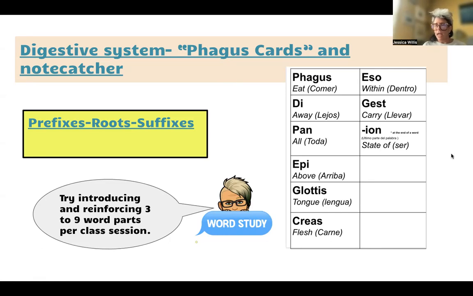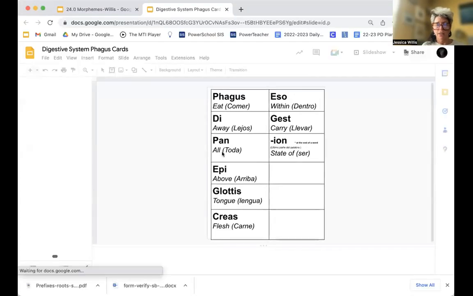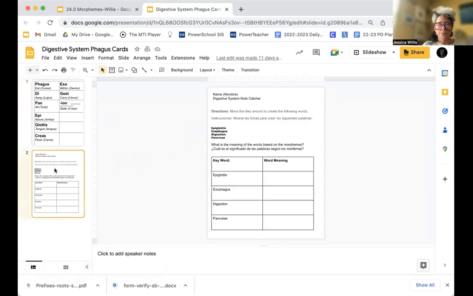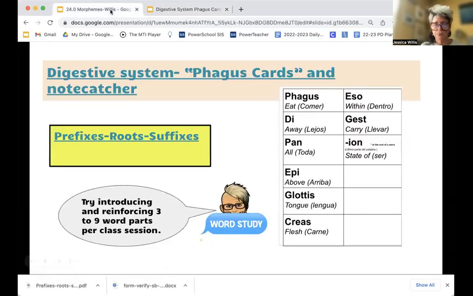So the science department made these word cards that we cut up and let the kids slide around to make these word parts. In this presentation, which I will share with you, you'll see that there's the phagus cards. Phagus is the root for eat. And then a note catcher, so they could take the key words and create their word meanings.